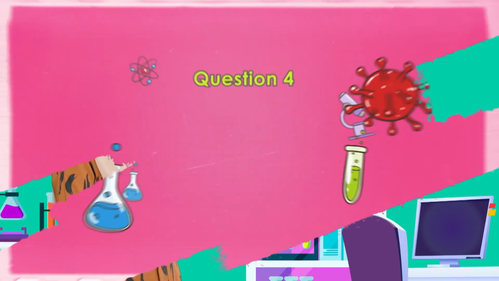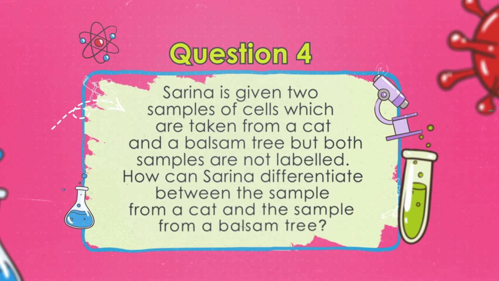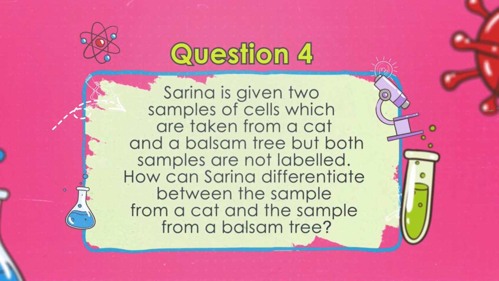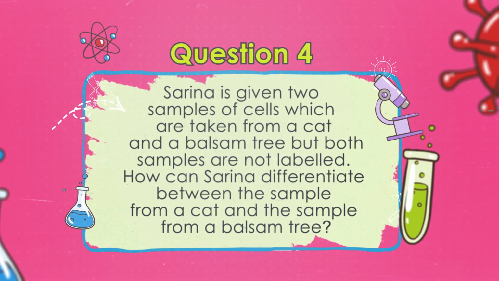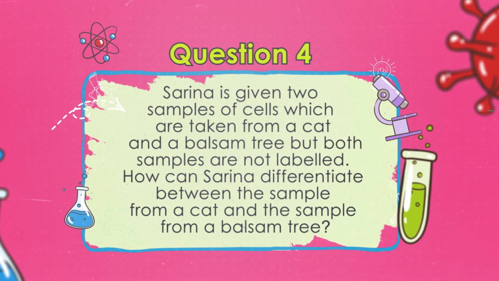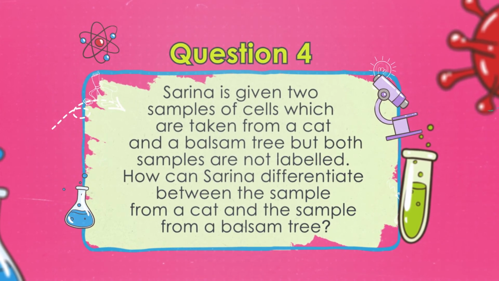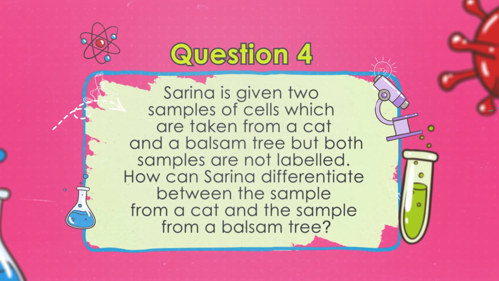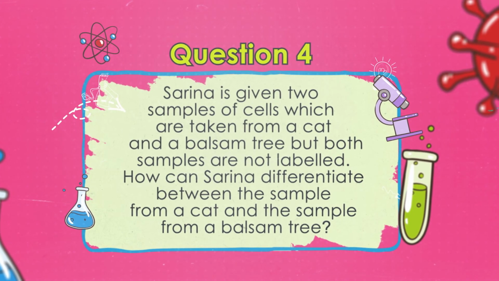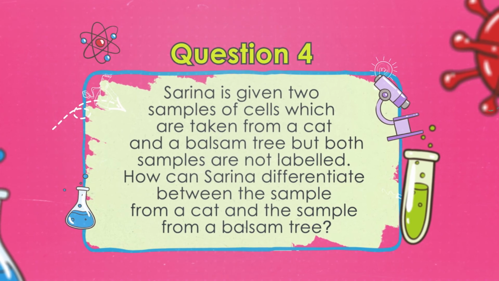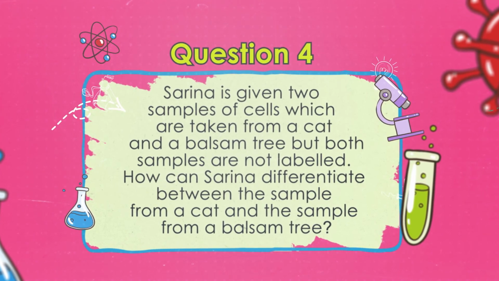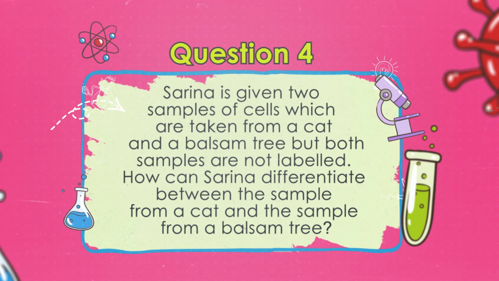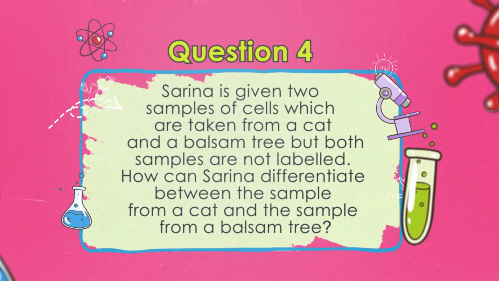Now, next is question 4. Sarina is given 2 samples of cells which are taken from a cat and a balsam tree, but both samples are not labeled. How can Sarina differentiate between the sample from a cat and the sample from a balsam tree?